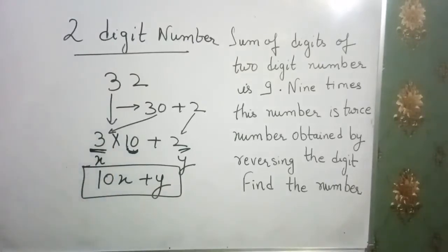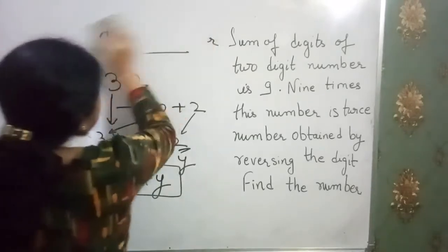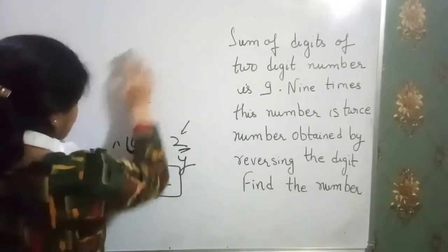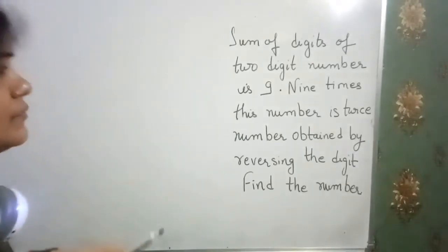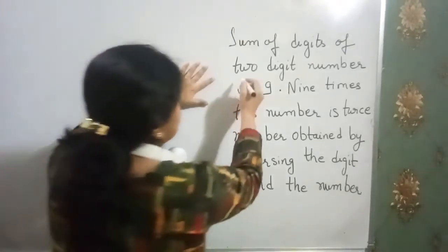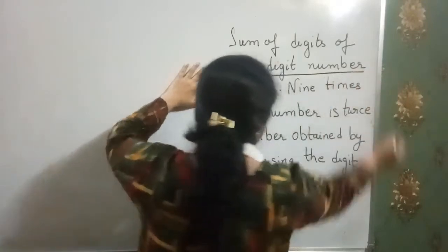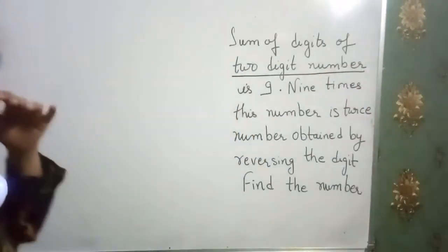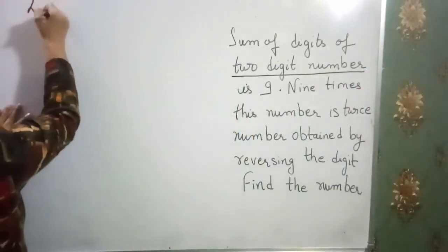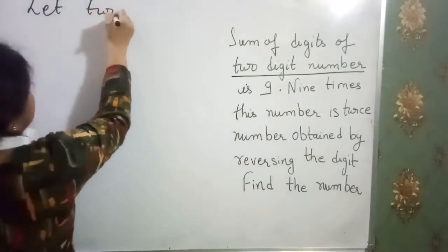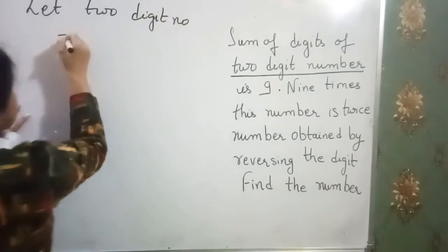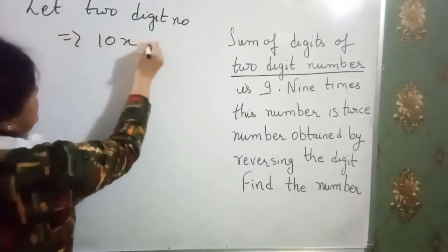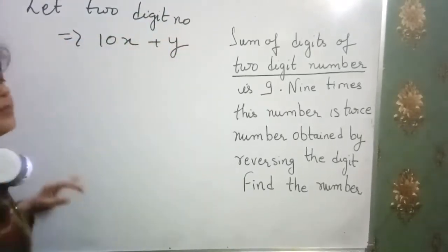The first thing which I want to explain to you. Now just come to the question. How do we solve these types of questions? Now as we see the 2-digit number in our question, just assume, let the 2-digit number be 10x plus y. Now stop.